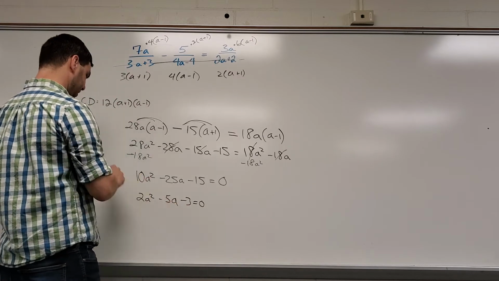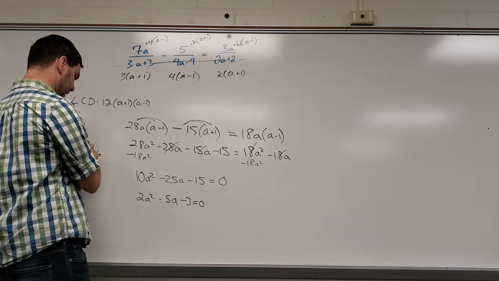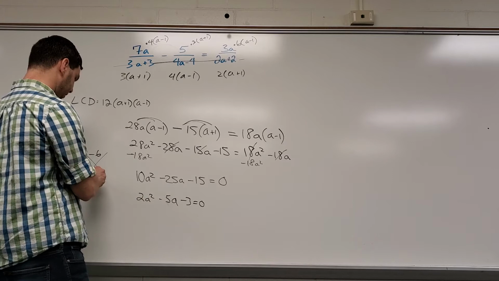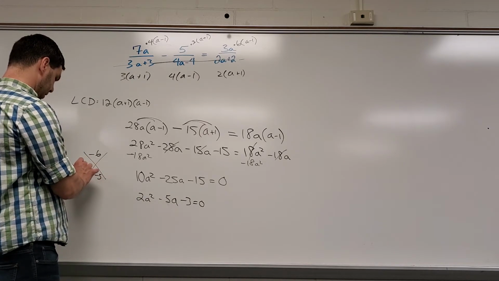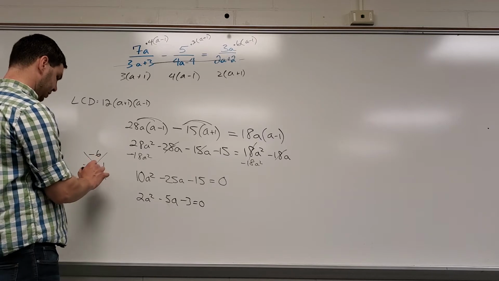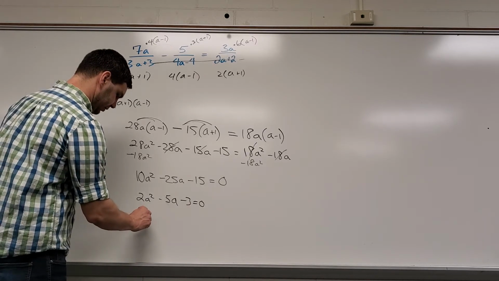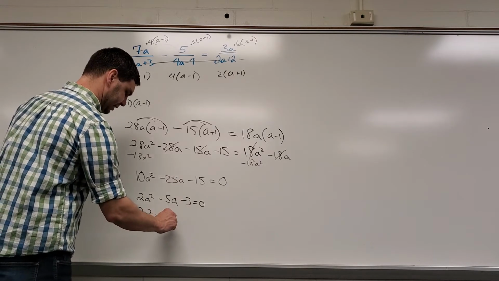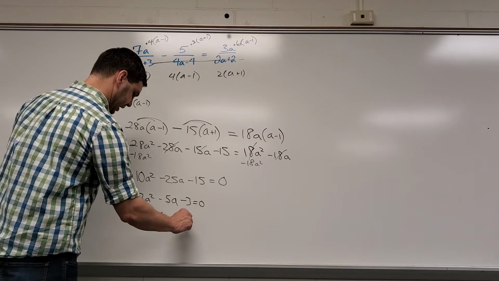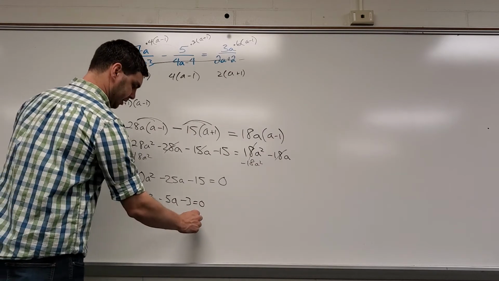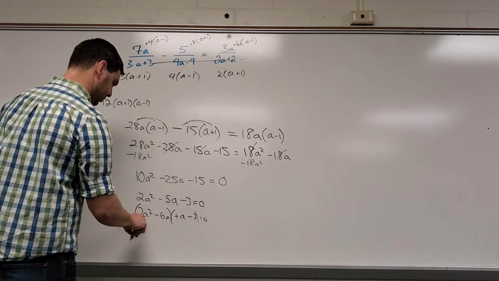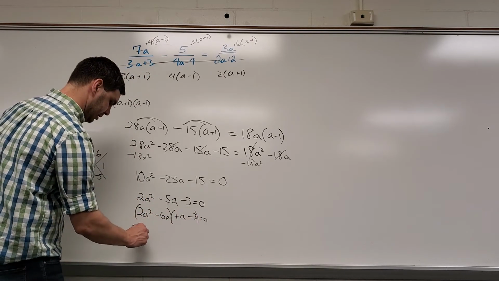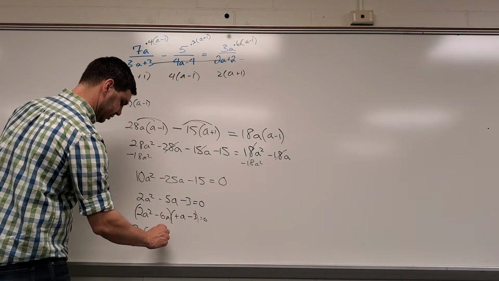Two numbers multiply to give me negative 6, and add to give me negative 5. Or, let's see, what would that be? Negative 6 and 1. So I have 2a squared minus 6a plus 1a minus 3 equals 0. Group these together. We can take out a 2a. So that's a minus 3.